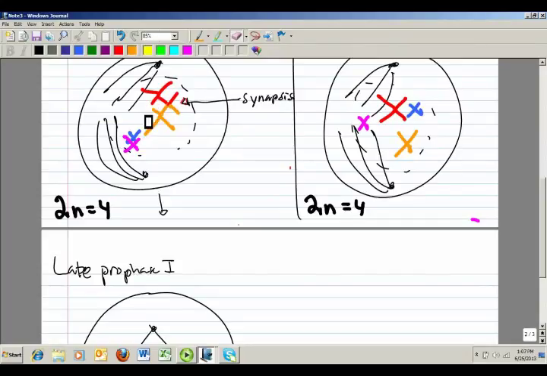So now you're going to have some of the light orange on the dark orange, and some of the dark orange on the light orange. So these are the synapses, these little crossing parts. And the same thing will happen here with our blue and our magenta, crossing over.